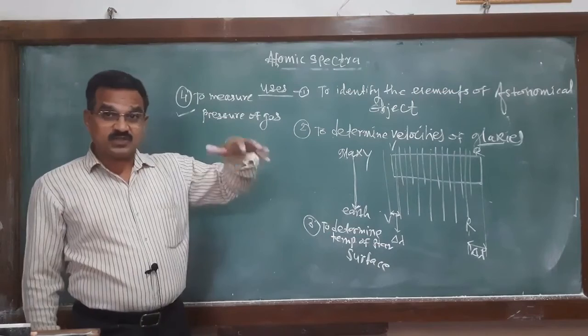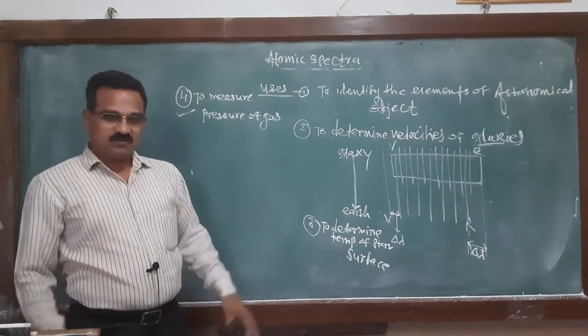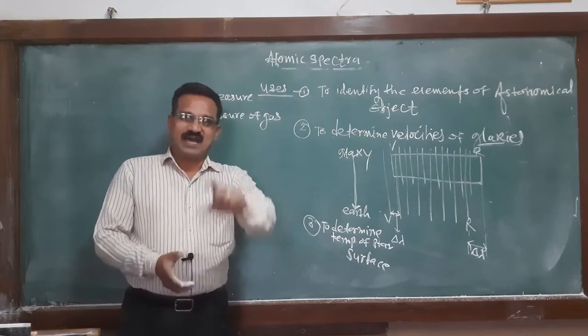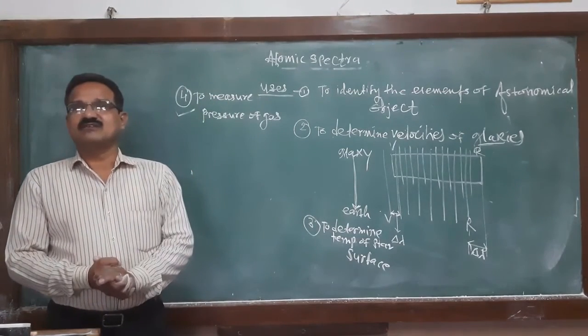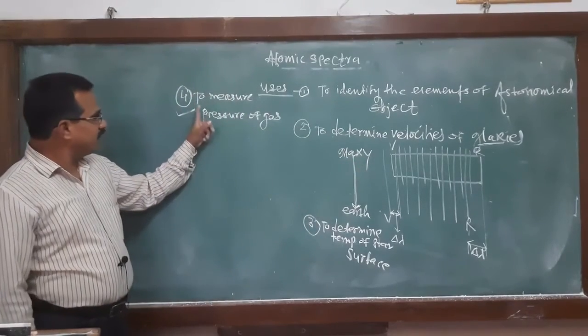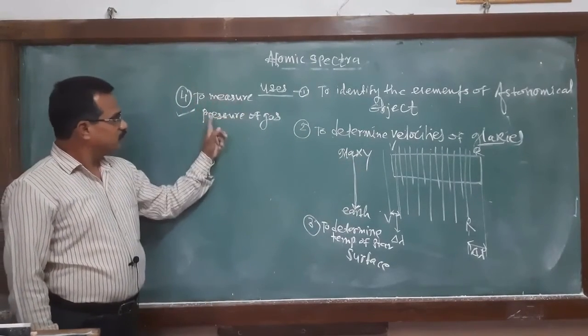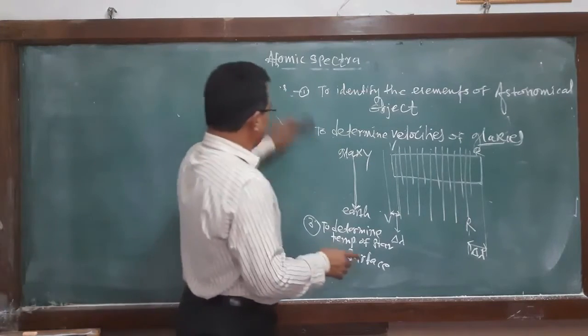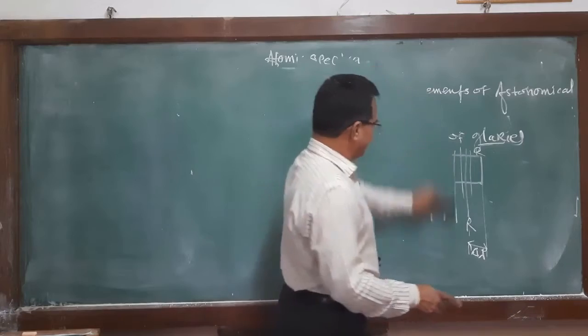That depends upon the pressure of the gas. If the pressure is changed, the width of the lines is changed. By analyzing these line widths, again we can find the pressure of the gas. These all are the uses of atomic spectra.